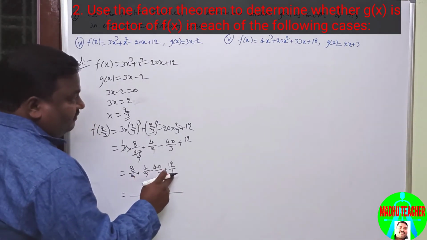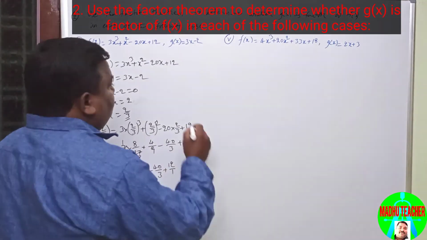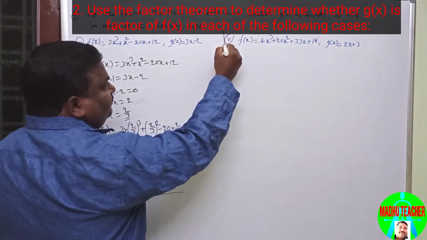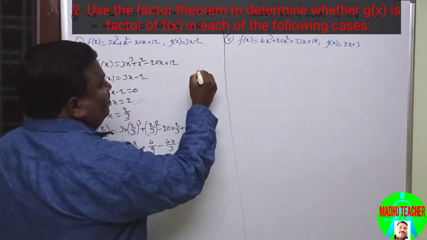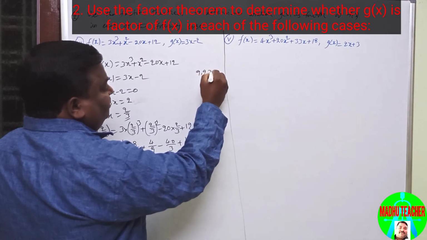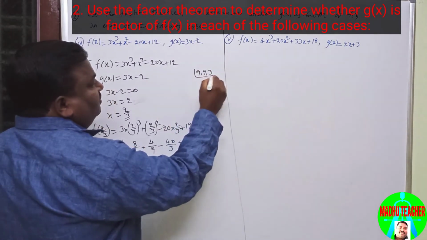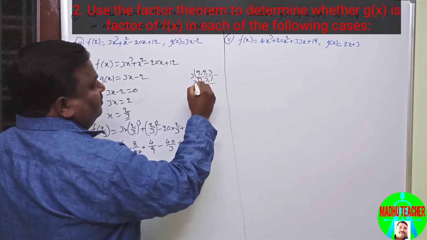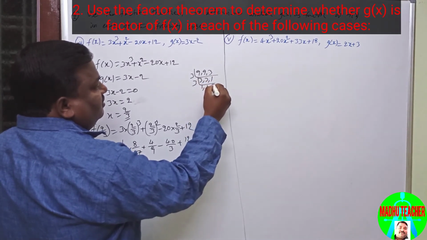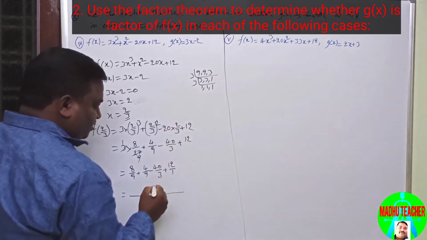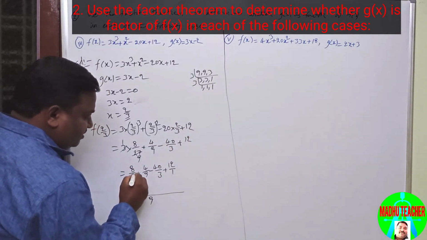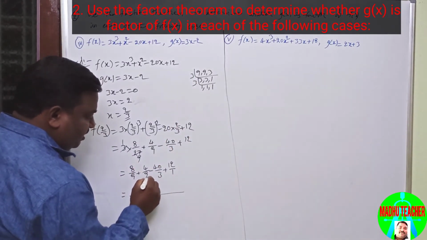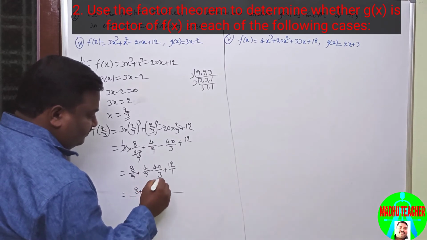The LCM of 9, 9, 3, 1 is 9. 9 ones are 9, 8 ones are 8, 9 ones are 9, 4 ones are 4.